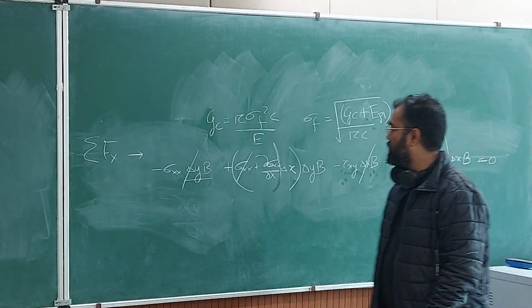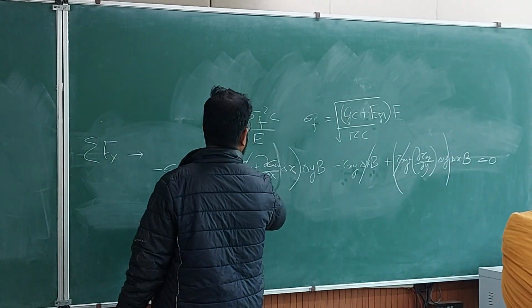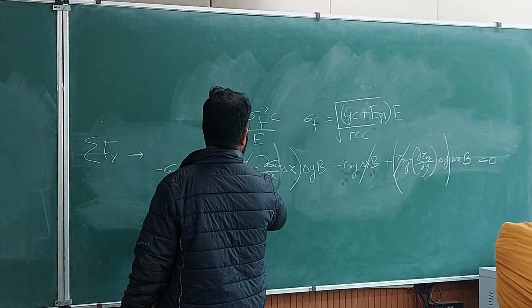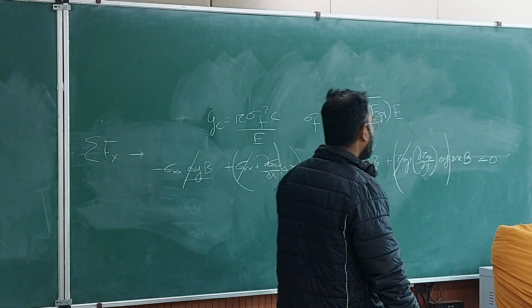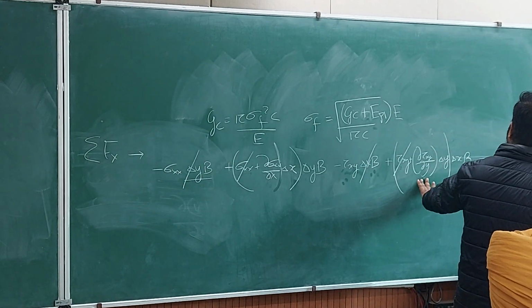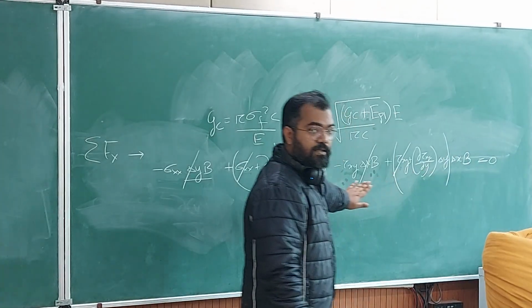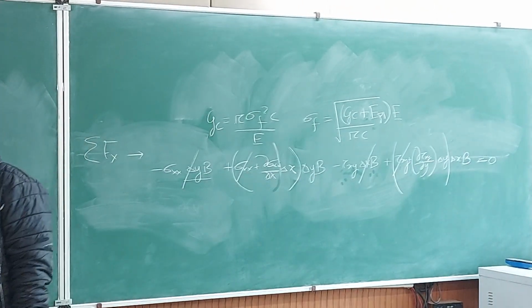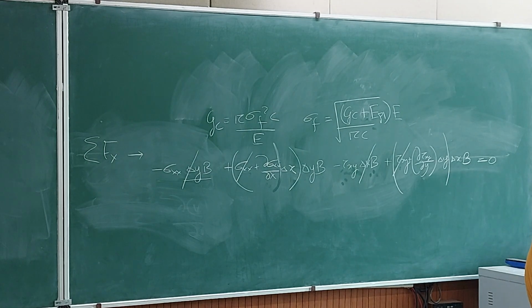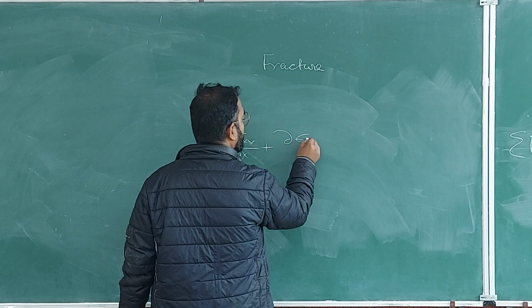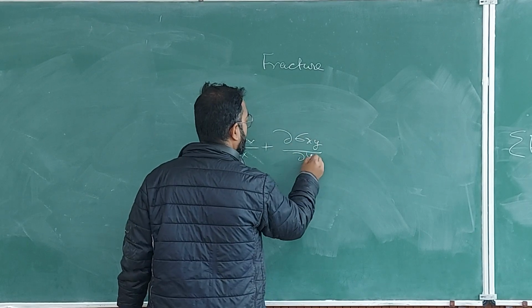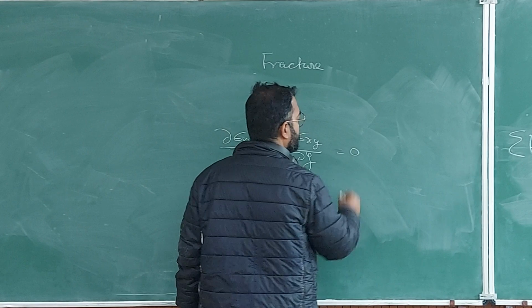So what will you have? You will have this term: del sigma xx by del x and del tau xy by del y, each into the 3 dimensions. Those delta x, delta y and b you can throw away because you know that they are not 0. So whatever remains is del sigma xx by del x plus del tau xy by del y. This equals 0.